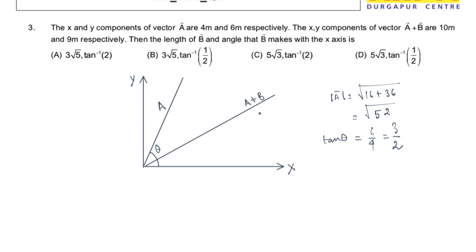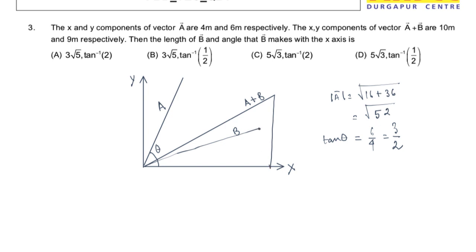Similarly, for a plus b vector, the x component is 10. So if the x component of a plus b vector is 10, then suppose there is another vector b somewhere here. So what is the x component of a plus b?